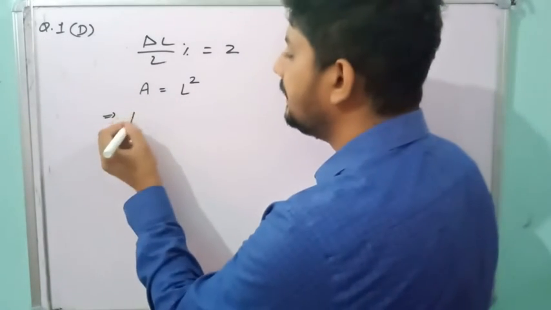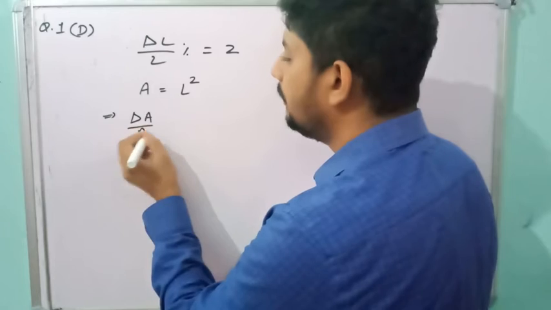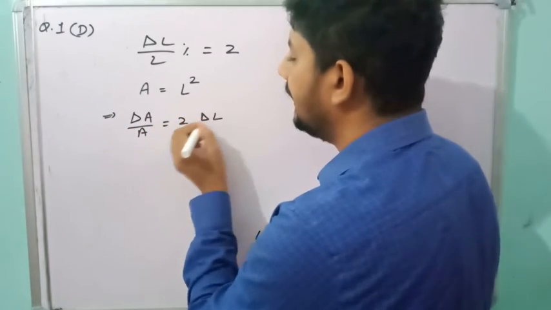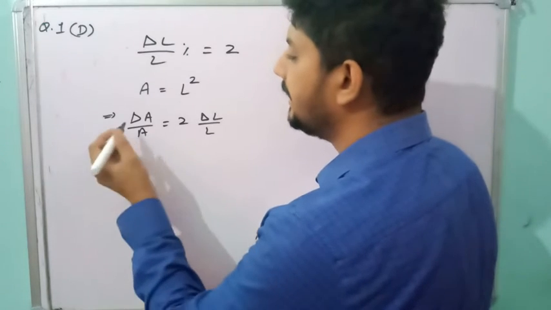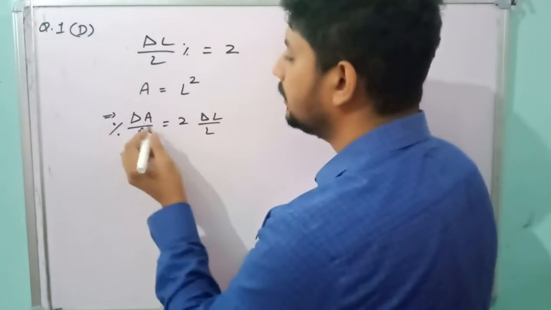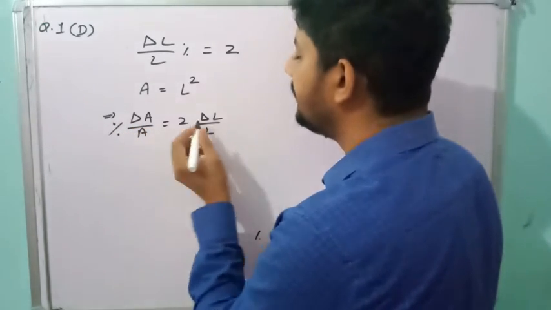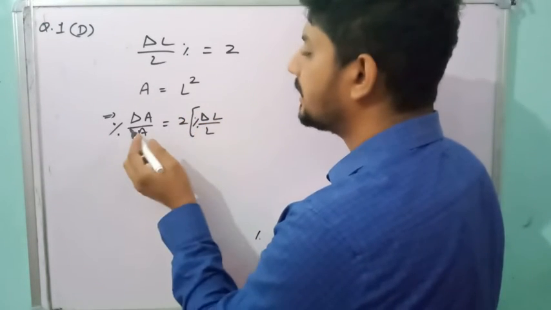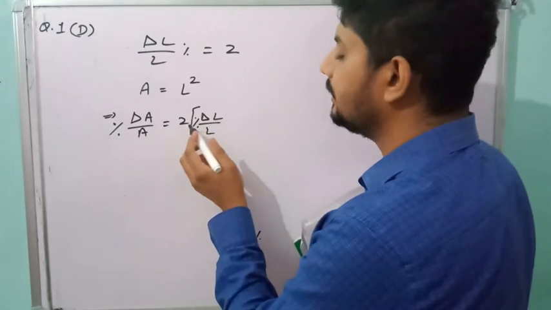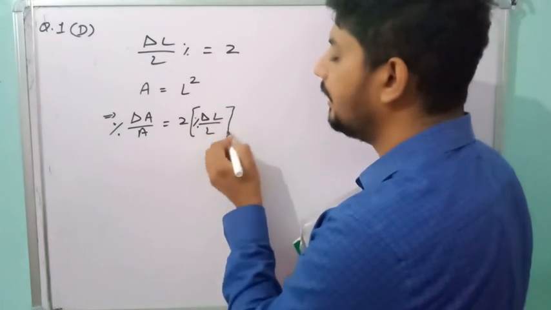Now relative error can be converted into percentage error by multiplying by 100. So the percentage error in area is equal to twice the percentage error in length.